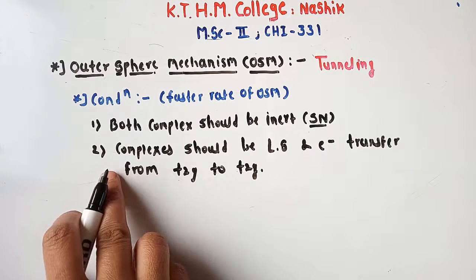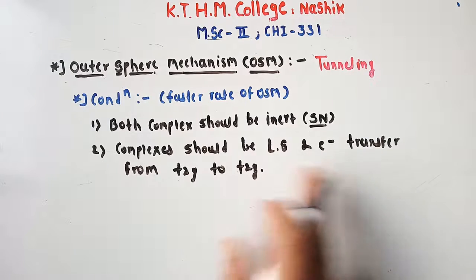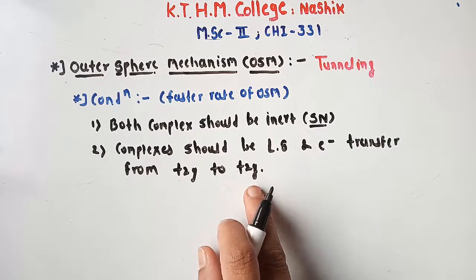So the second condition is that the complex should be low spin and electron transfer should be from T2g to T2g.